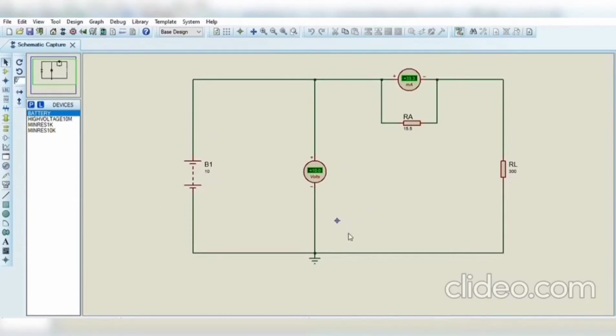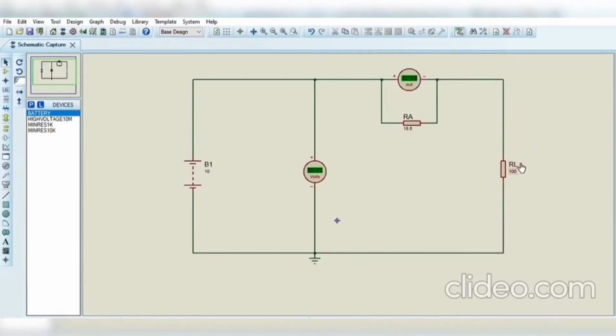After we connect all, we can find the value of ammeter, which is I1. First, we try value of RL with 100 ohm. After we run, the value of I1 at ammeter is 100 milliampere.